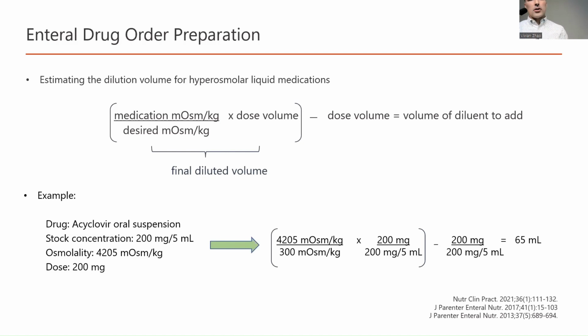And then you can calculate the dose volume by taking the dose divided by the stock drug concentration, and that will give you the final diluted volume. Then you subtract the dose volume from the final diluted volume, and you get a number of 65 mL for a 200 milligram dose. And that does not account for the initial and post administration flush. So would this be appropriate for a volume restricted patient?